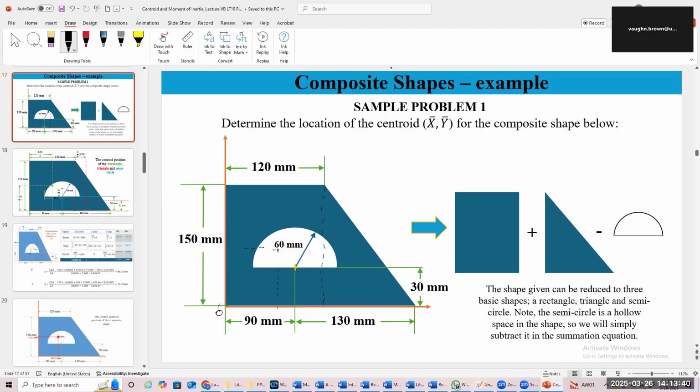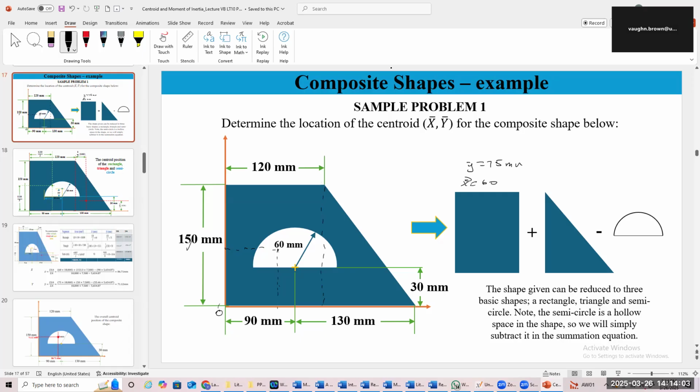The distance coming down must be half of 150, which is 75. So x bar will be 60, and y bar would be 75, in millimeters.